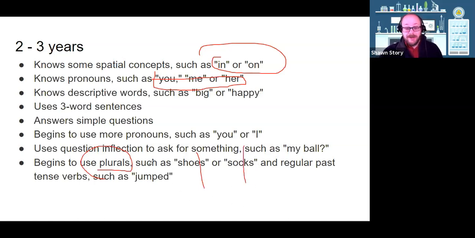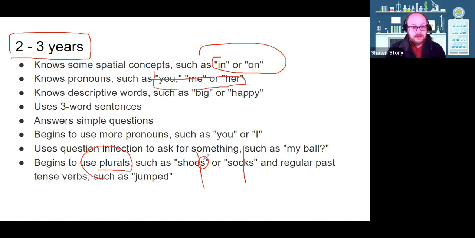What's super interesting from a language perspective at this age, we start to see the development of grammar, where they realize, oh, I can add an S to the end of a word to make it plural. And you start seeing mistakes with irregular words like foot, foots, right?